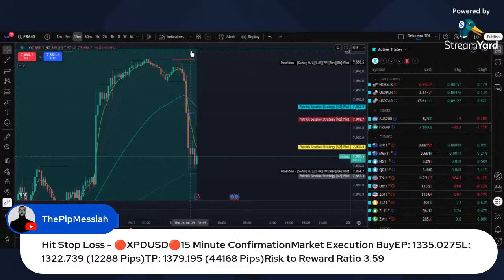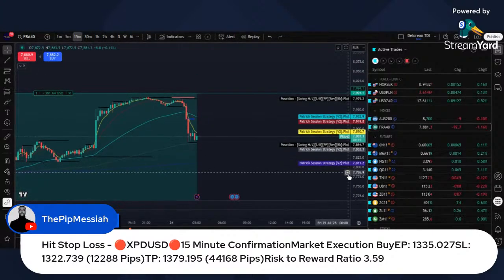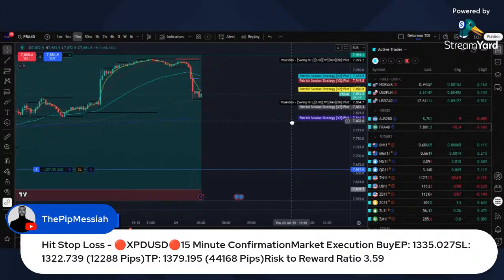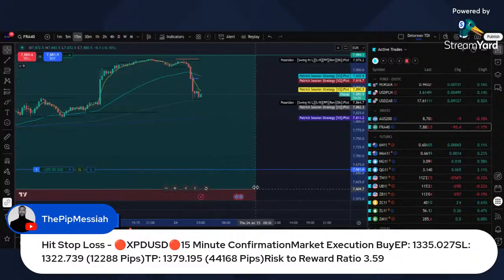We were very close to take profit on this trade. It just took off the other direction on us. Looks like it's retesting the 200 EMA. It's going to give us take profit eventually. It just may take a couple more days at this point.